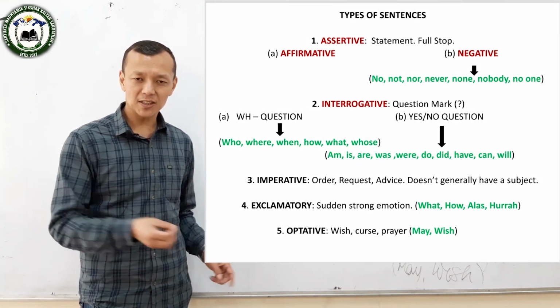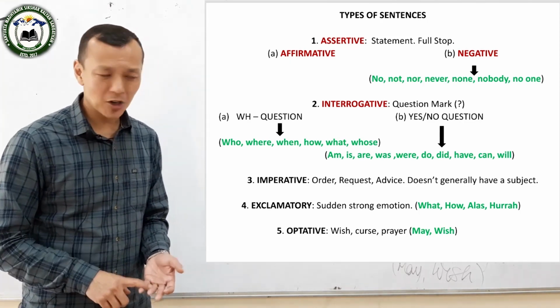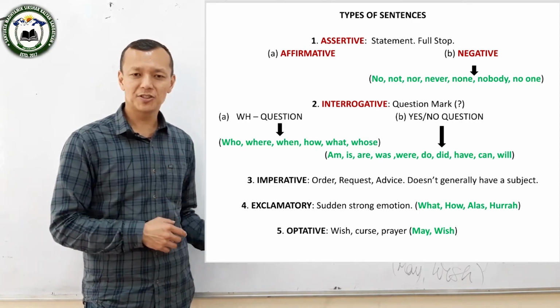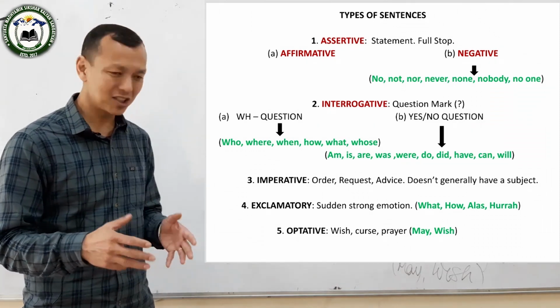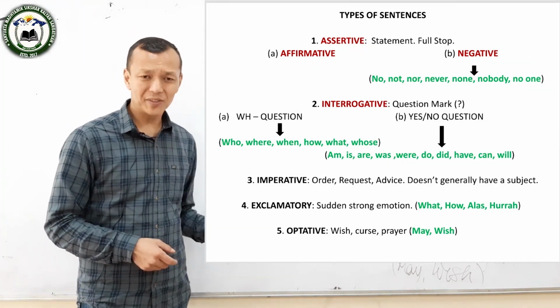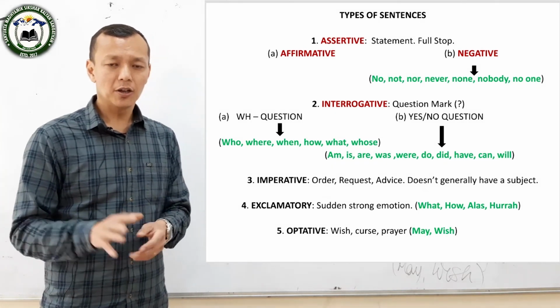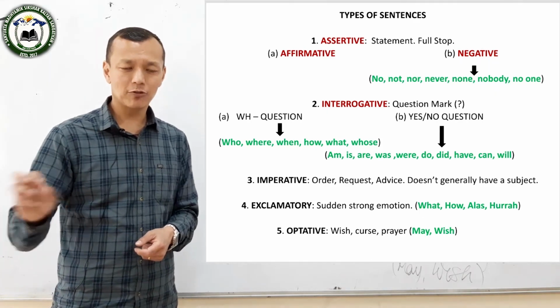An optative sentence can also end with a full stop, maybe sometimes it may end with an exclamation mark. The least common of the 5 types is the optative sentence, and again optative sentences you can start by either may or wish. So on this screen, to summarize this screen, you will concentrate for the sake of your exam.